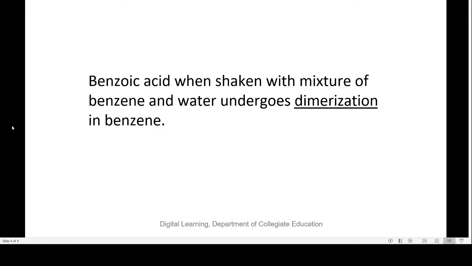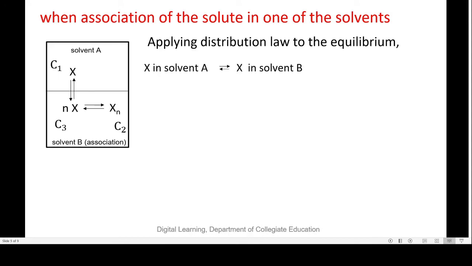In such cases, how can distribution law be applied? Suppose solute X is added to a mixture of immiscible liquids, solvent A and solvent B. It gets distributed between the two liquids.